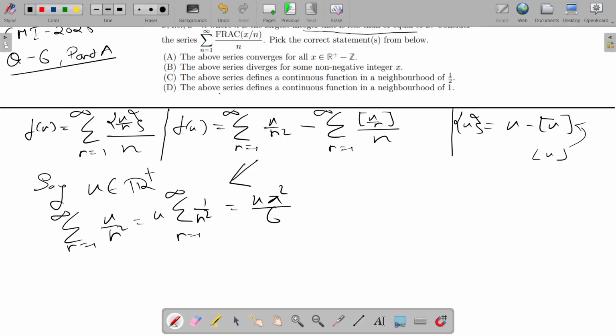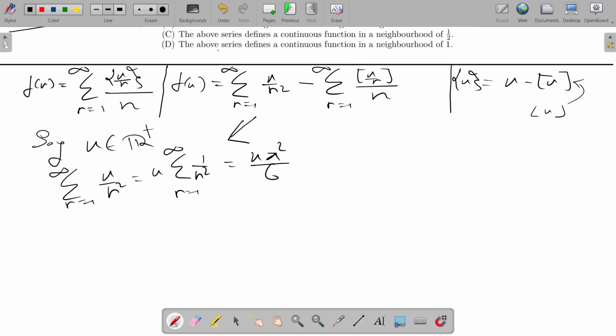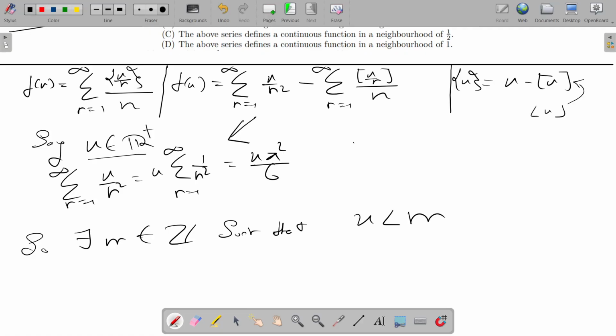Now what about this? Since x belongs to R plus, there exists an integer m such that m is greater than x, right? Which would imply that x by m is less than 1. Mind you, we have calculated this part, which will be x pi square by 6.